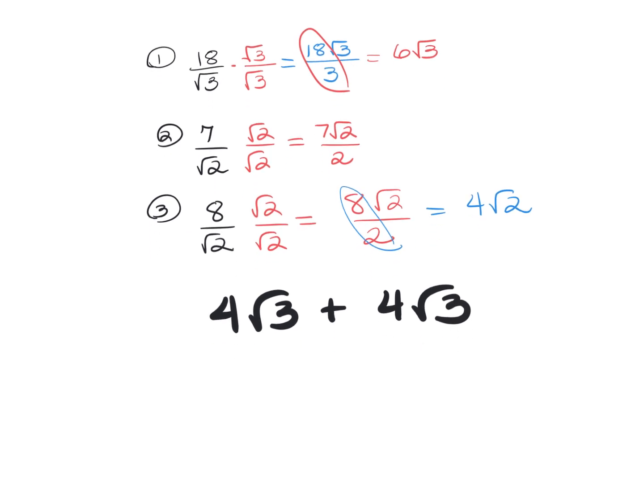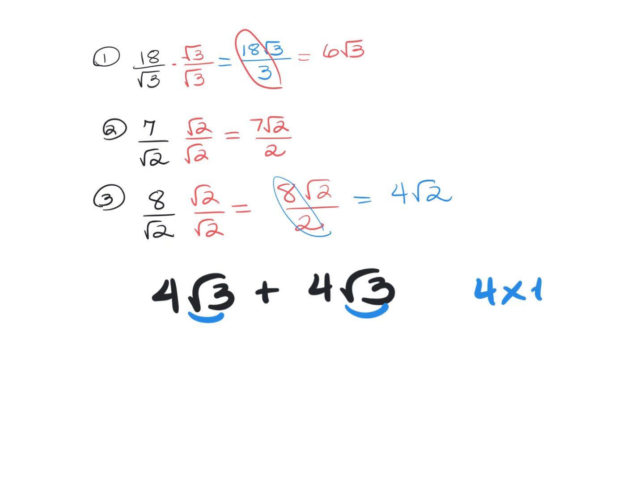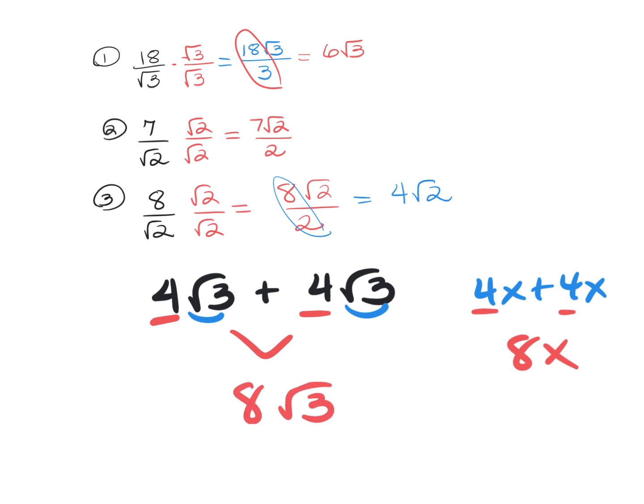Whenever you add radicals, the number under the square root has to be the same. Sort of think of it like this: 4x plus 4x. Think of the square root of 3 as like an x, and all we're doing is adding the numbers outside. This would give you 8x, and then this one gives you 8 square root 3.